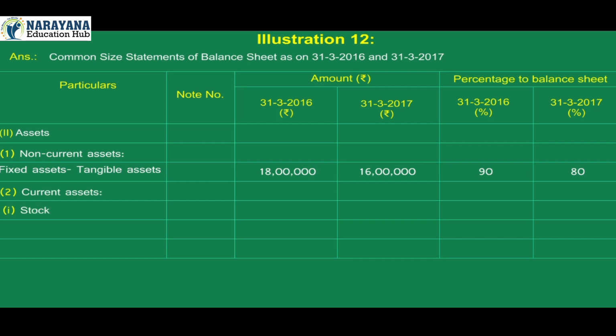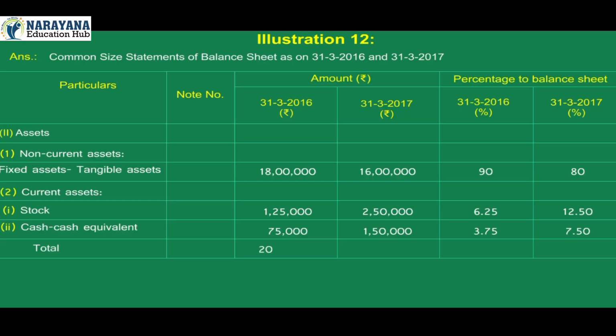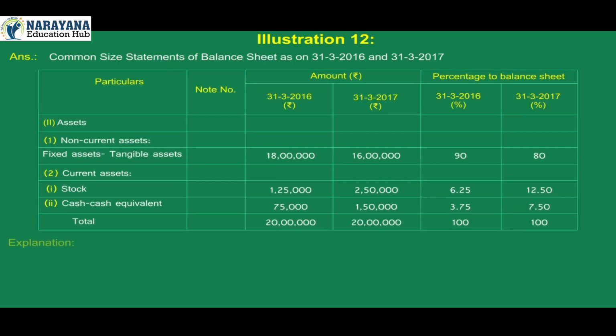Current assets. 1. Stock: 1 lakh 25,000, 2 lakh 50,000, 6.25%, 12.50%. 2. Cash and cash equivalent: 75,000, 1 lakh 50,000, 3.75%, 7.50%. Total: 20 lakh, 20 lakh, 100%, 100%.